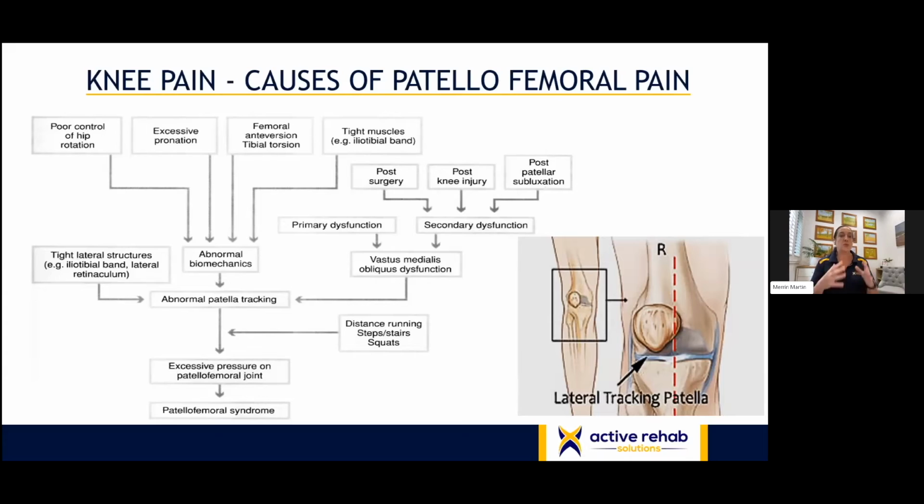Whereas if they could do some exercises at home straight away, if you can identify somebody that has knee pain, they come up to you in a class or in a session and they say, oh, I've got a bit of a niggle, I did a run on the weekend, whatever.